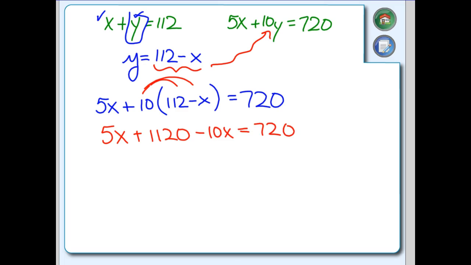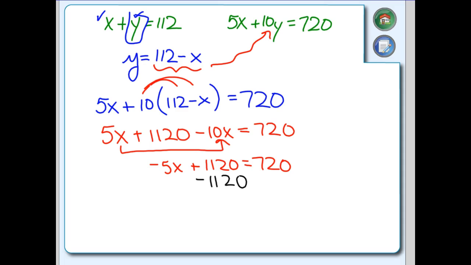Let's combine like terms here, and that's going to give me negative 5x plus 1,120 equals 720. Yeah, we need to subtract our 1,120. Now, because they're different signs, I'm going to have a negative answer.